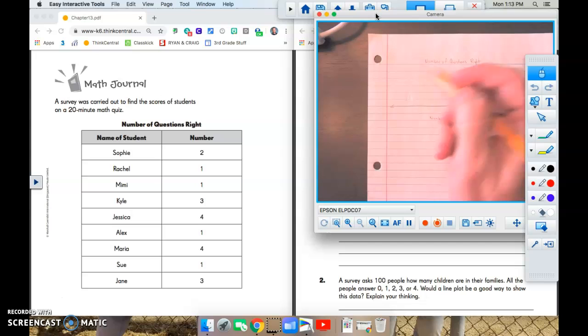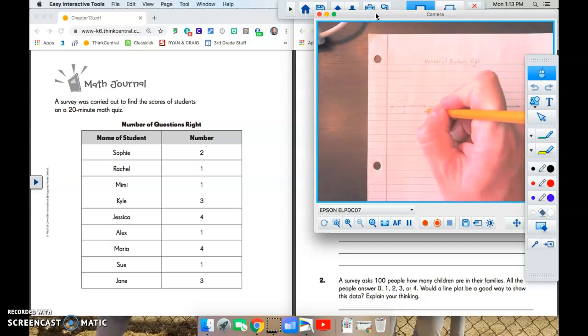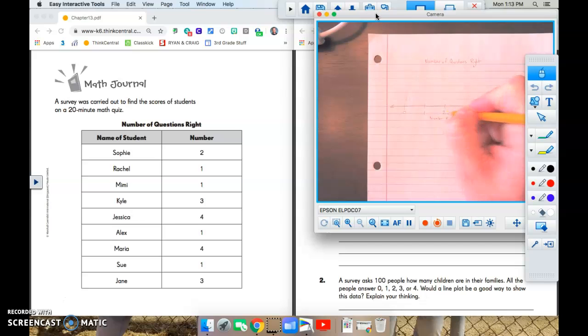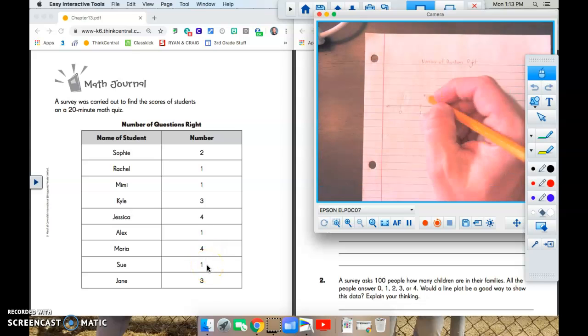And let's see, we could go 0, 1, 2, 3, 4, and 5. And then we can go ahead and put the X's on there. So there's 1, 2, 3, 4.